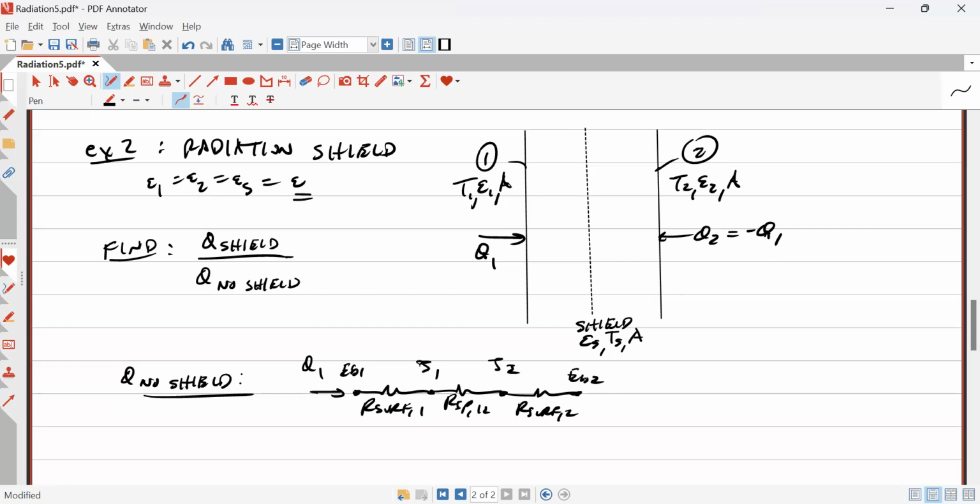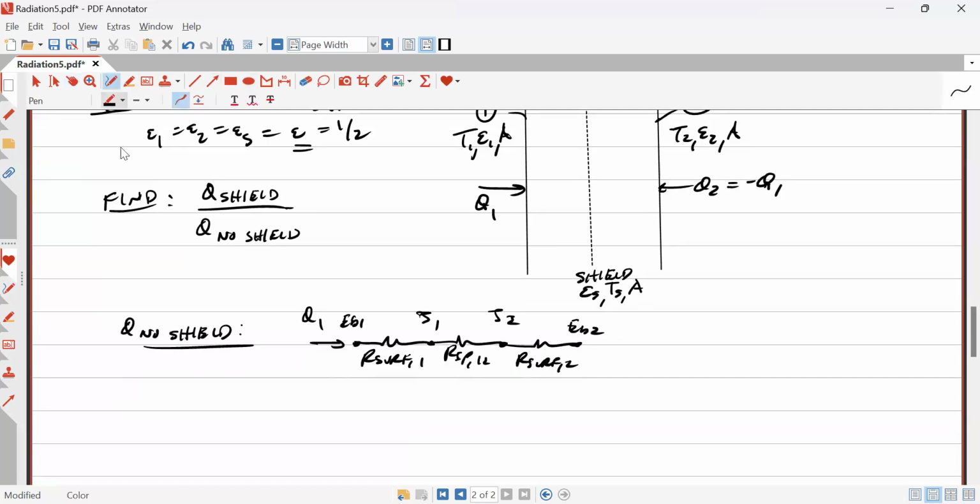So let's look at each of these values here. And notice that, let's just say, for sake of argument, to make things simpler, all of the emissivities are 1/2. It's a convenient number to use here. If you do that, R surface 1 is 1 minus epsilon over epsilon A, right? So 1 minus epsilon is 1/2, divided by 1/2, the answer is 1. So this ends up just being 1 over A. Our spatial 1, 2 is 1 over A1 F12.